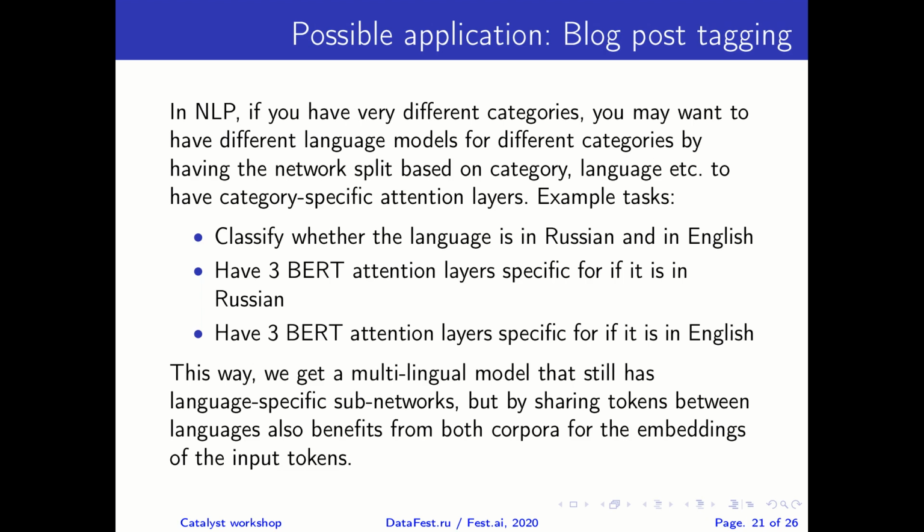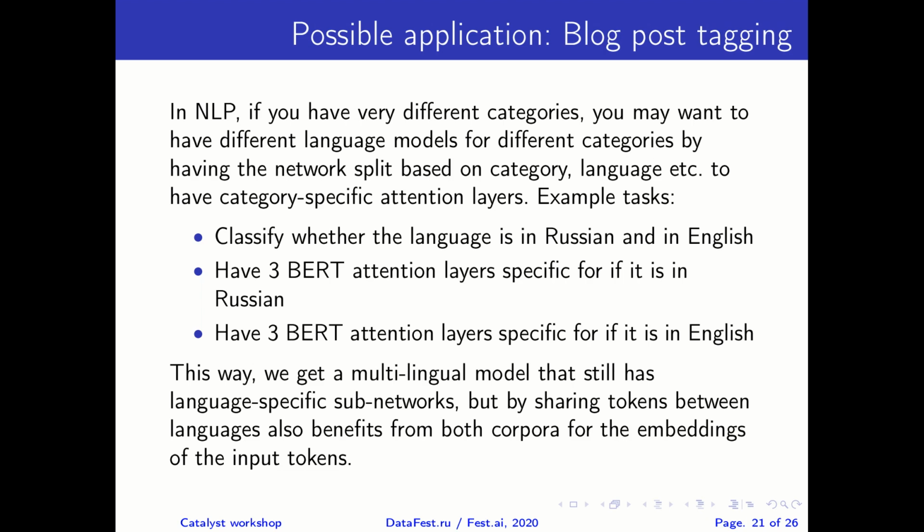So for example, you would have a binary classification branch, which predicts whether the language is in Russian or in English, and then you have 3 BERT attention layers specific for if it is in Russian, and 3 BERT attention layers specific for if it is in English. And this way we get a multilingual model that still has language-specific subnetworks, but by sharing tokens between languages, it also benefits from both corpora for the embeddings of the input tokens.